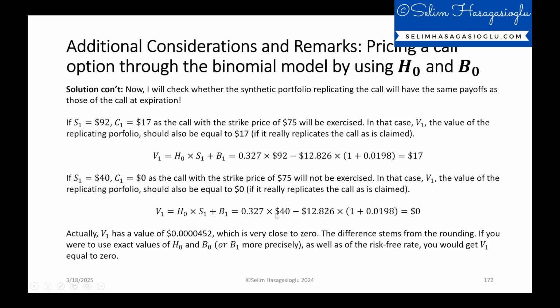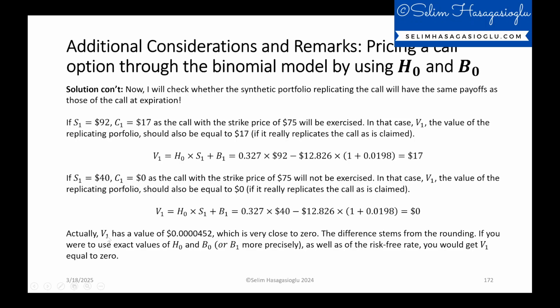So H0 was this value, S1 minus was, in that case, $40. So B1 should be equal to B0 multiplied by 1 plus R. Again, we get 0. So the synthetic portfolio really replicates the call payoff for the case in which the stock price declines to $40. Remember, the call payoff was $0 in that case because the call with a strike price of $75 will not be exercised.